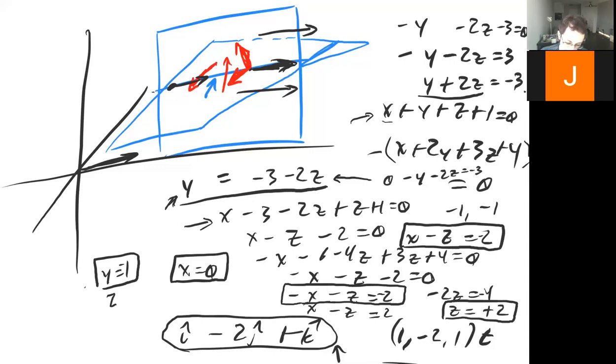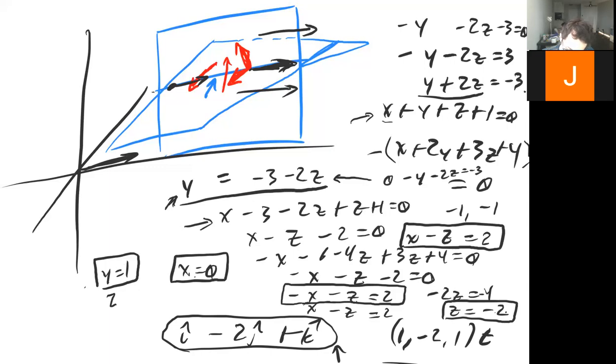And now we want to check that this point lies on both of the planes. So, sorry, -2, it was a 2. So -2 for the first plane, +0, and y is 1, not -1.